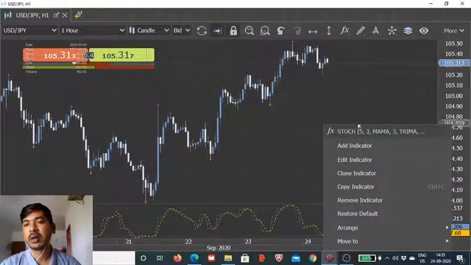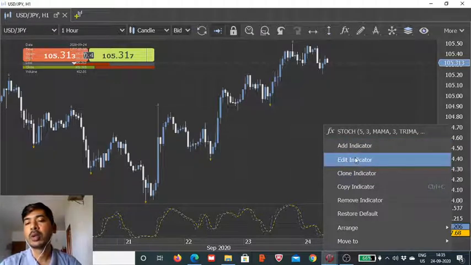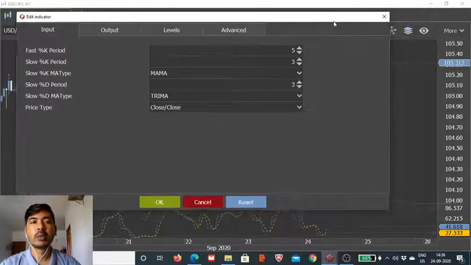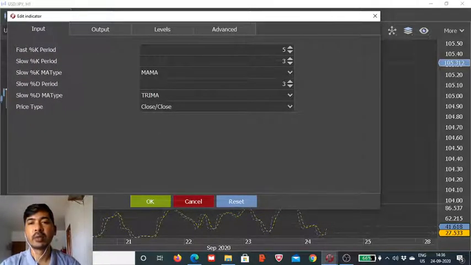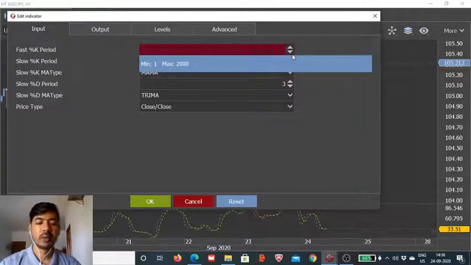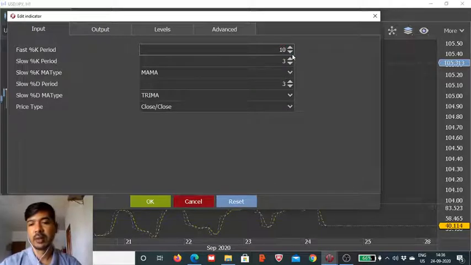That means the final output, the slow percent K and the slow percent D values, will be impacted because of changes in any of the input parameters. If we change this, this is how it's going to be. If we make it 10, again there is a change.